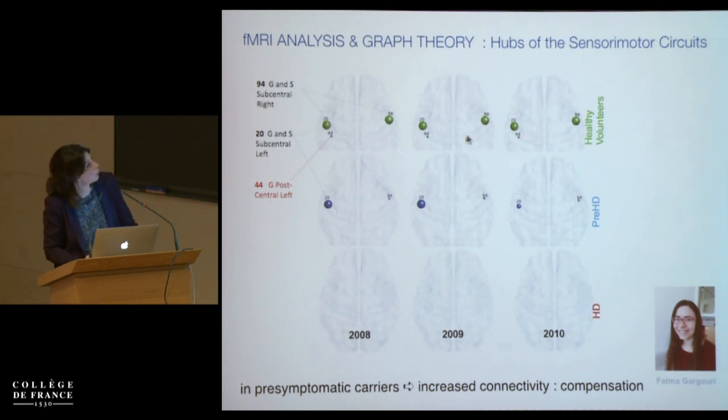You can see in controls that if you look at the sensorimotor circuits, you have clear hubs here, that you lose in pre-symptomatics. You can see that you lost the 44 here. And over time, because it's 2008, 2009, and 2010, this hub disappears. And in patients, you have no hub anymore anyway. So there is clearly something happening which you could probably follow in pre-symptomatic carriers.